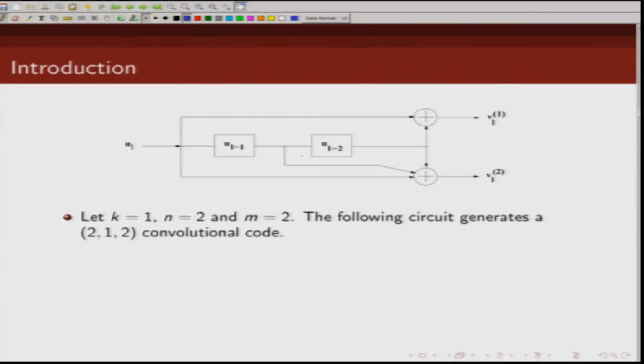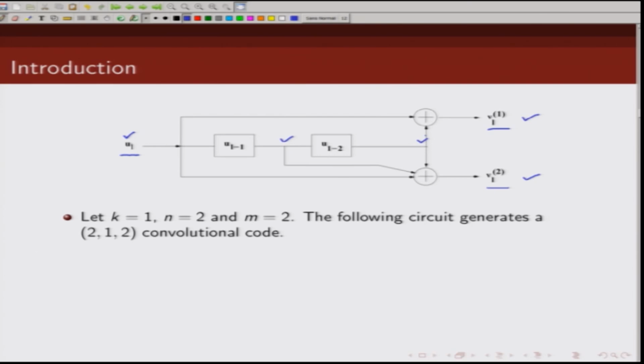We can see this is our input u_l and outputs v_l^(1) and v_l^(2). Note that the outputs v_l^(1) and v_l^(2) depend not only on the current input, but also on the past inputs, as indicated by the content here and here.